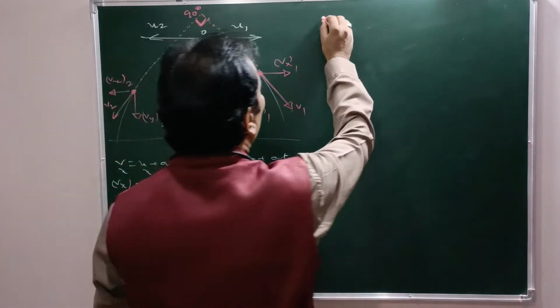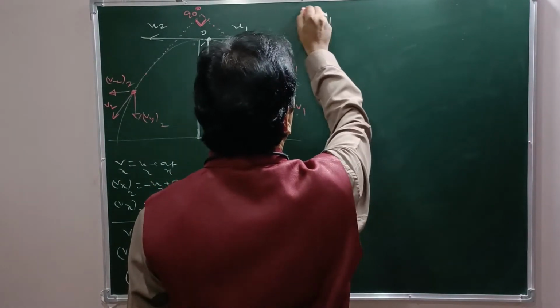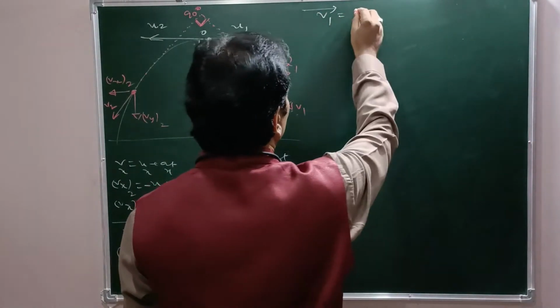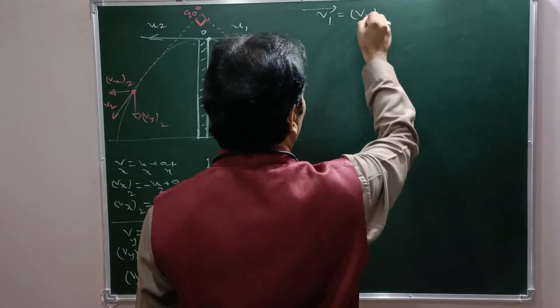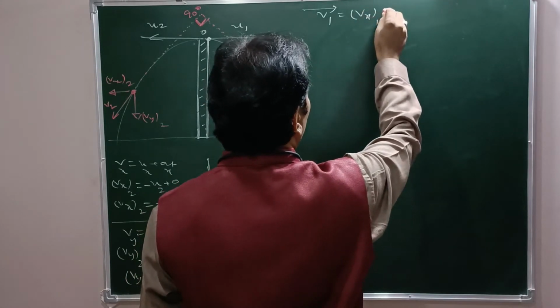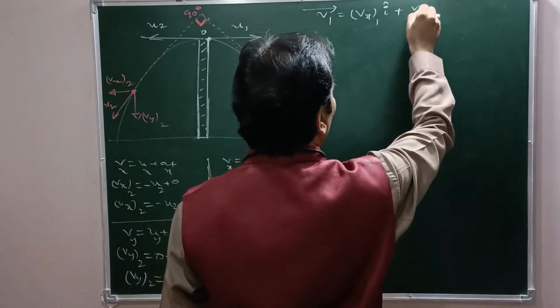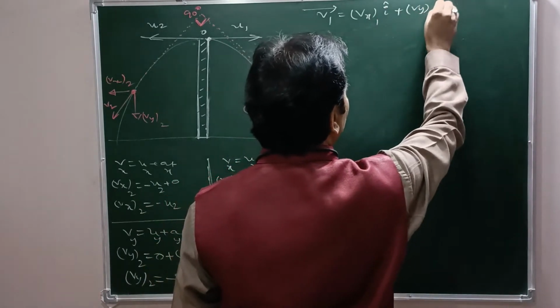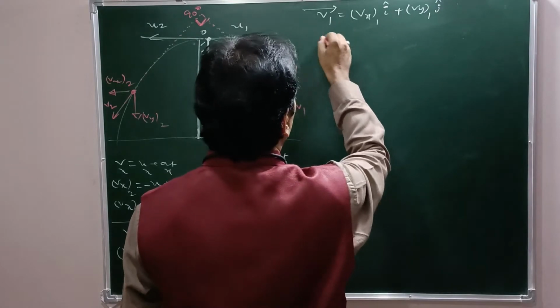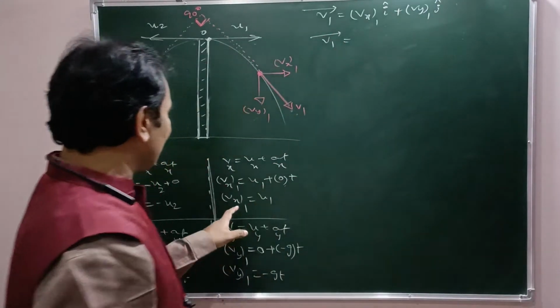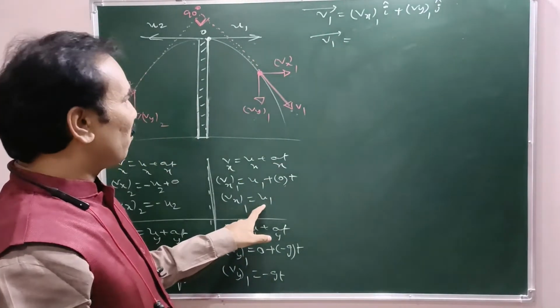Right? Now what is v1? v1 bar equals vx1 into i cap plus vy1 into j cap. What is vx1? That is u1.